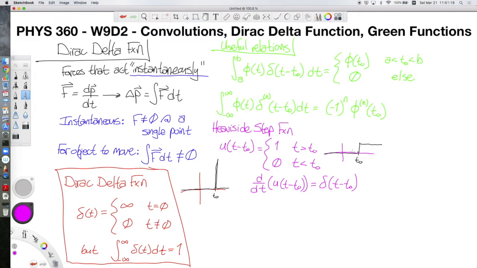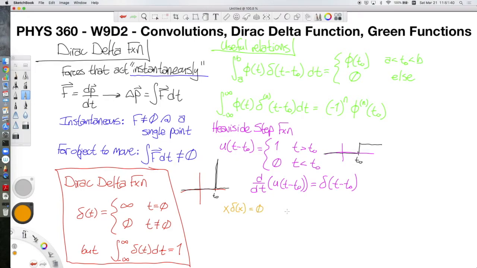There are some other useful qualities that delta functions can have. Just some that I'm going to write out for you. x times the delta function of x equals 0.